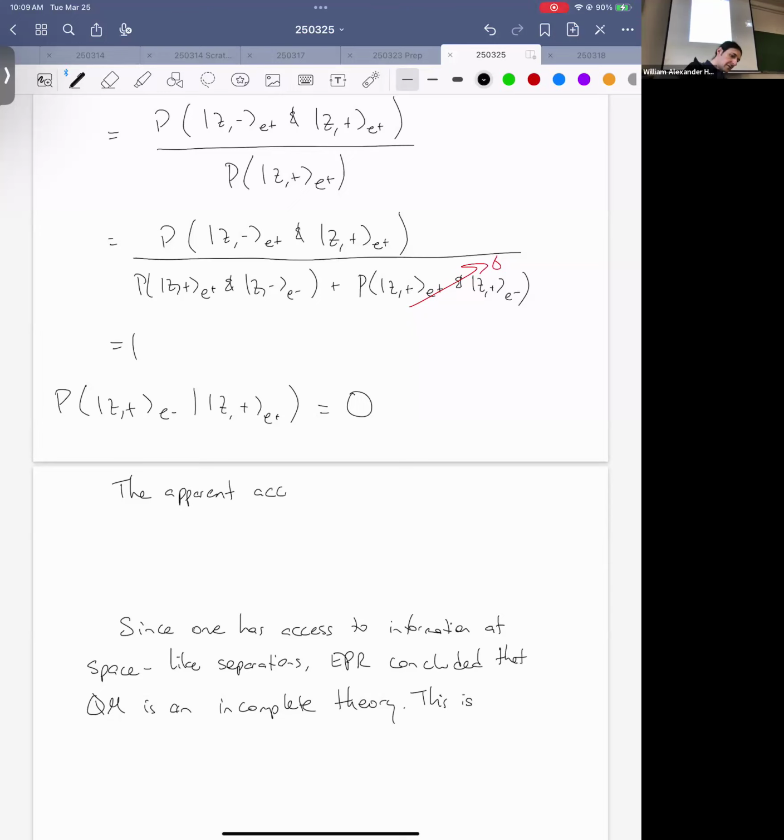The apparent access to information at space-like separations, given the postulates of quantum mechanics, is the EPR paradox.